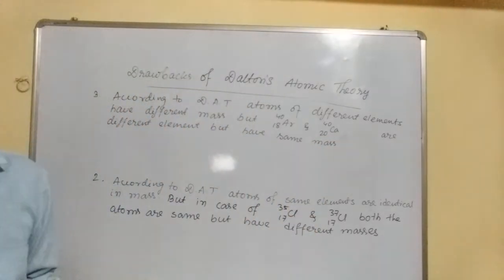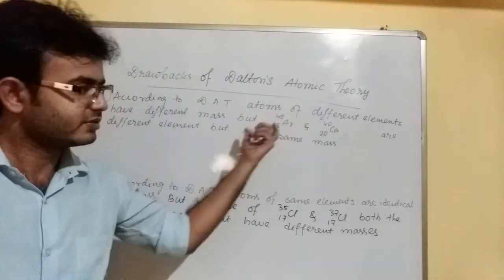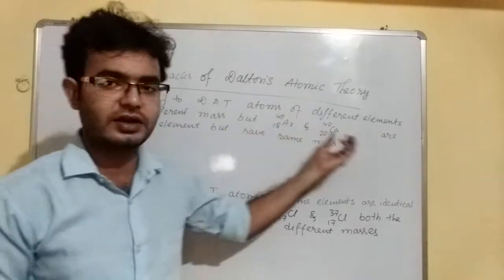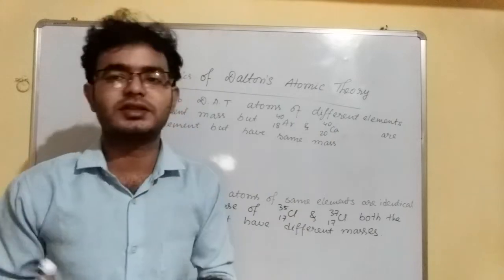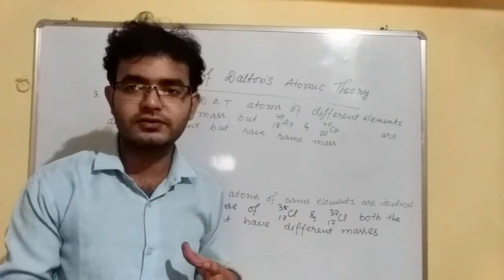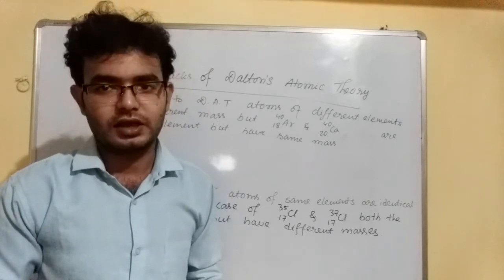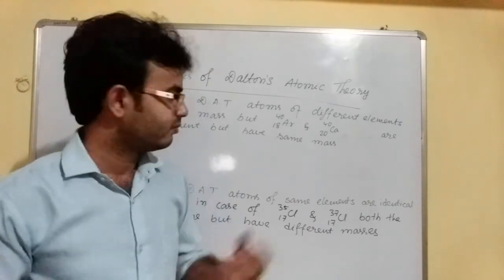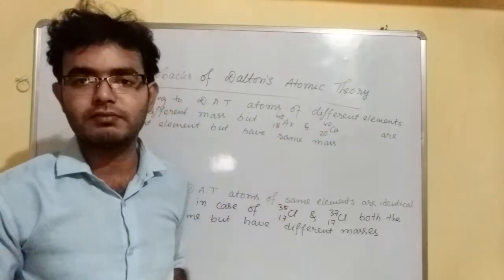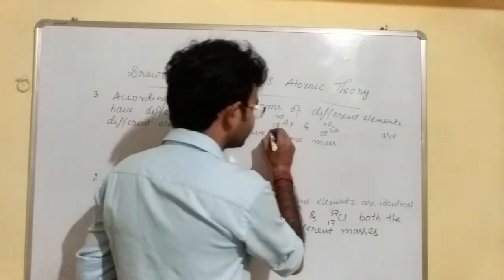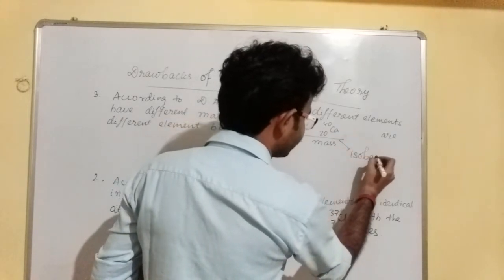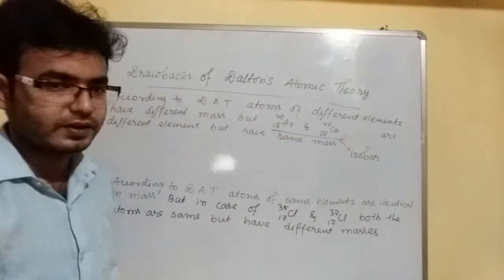So in case of these two, the atoms are different, but their masses are the same. But according to the atomic theory, if the atoms are different, they must have different atomic masses. Here we observe that these atoms are different, but they have the same masses. These types of atoms are called isobars.